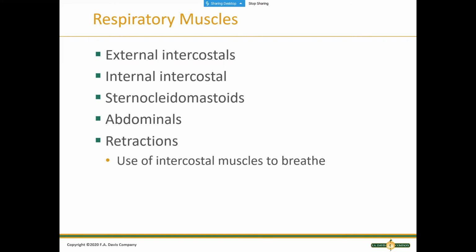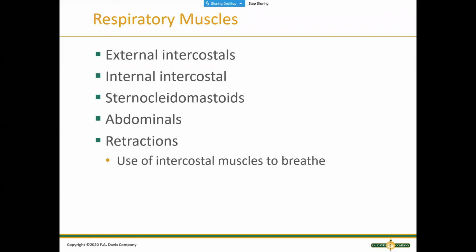And so our patient on Monday, different patient than the first one I was telling you about, the patient who aspirated, he had retractions. After he aspirated, he had retractions.